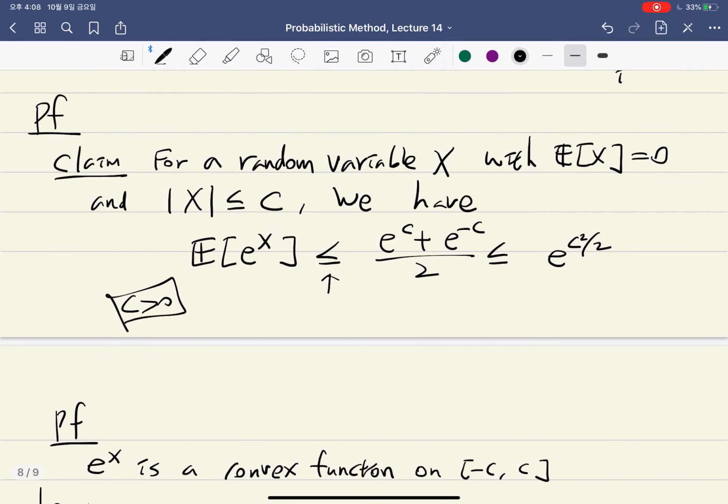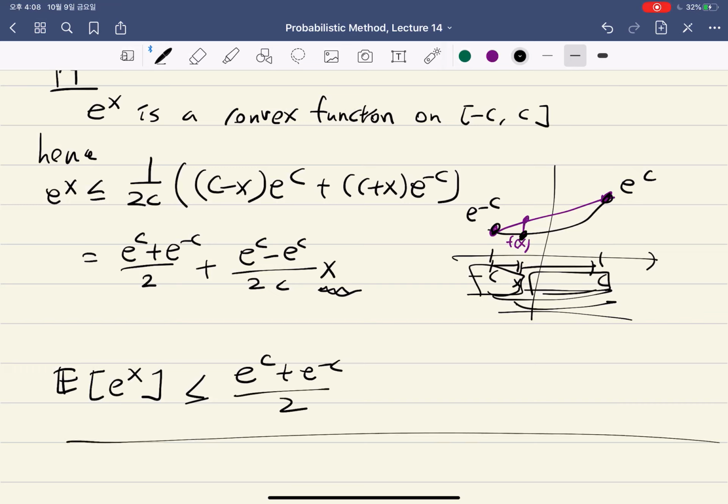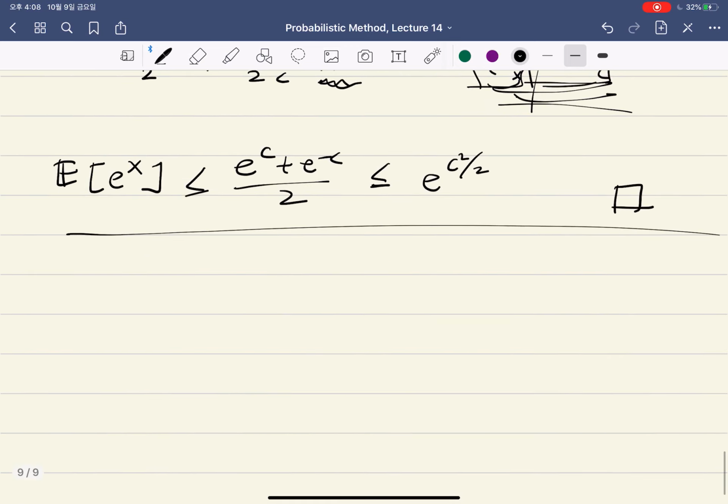But we know that the expectation of x is 0, so this part becomes 0. So you have this inequality, and that obviously stays by this. So we get the claim.